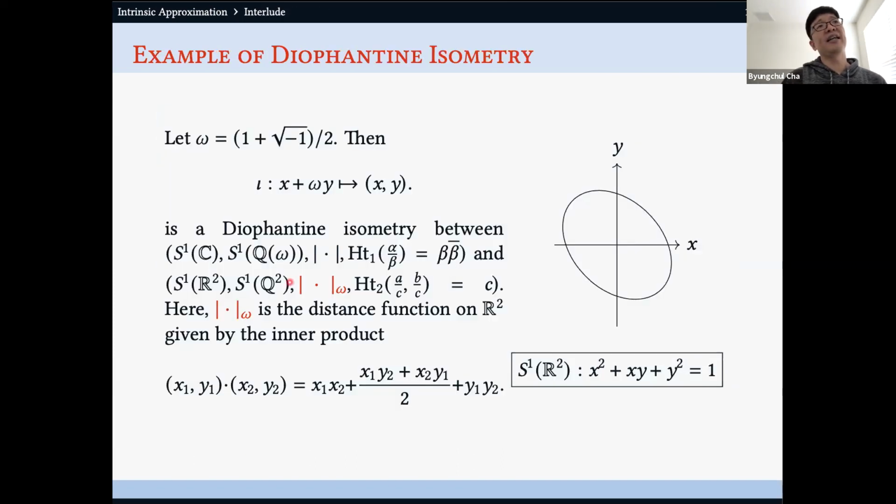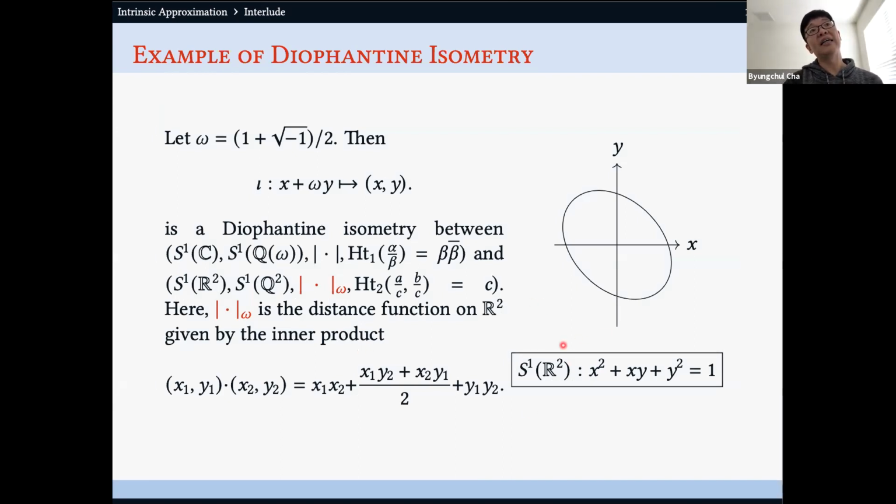Then, using the same number theoretic exercise, you can show that these two spaces are under Diophantine isometry, in the most obvious way, x plus omega y getting mapped to x comma y. But now your distance in R2 is not the usual standard distance; it is a distance function on R2 given by the inner product, which should mimic the behavior of the Eisenstein field.